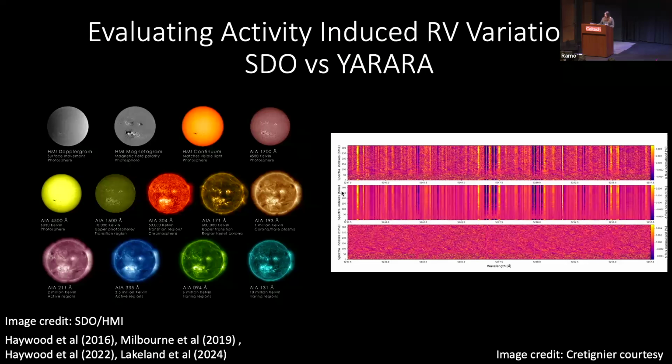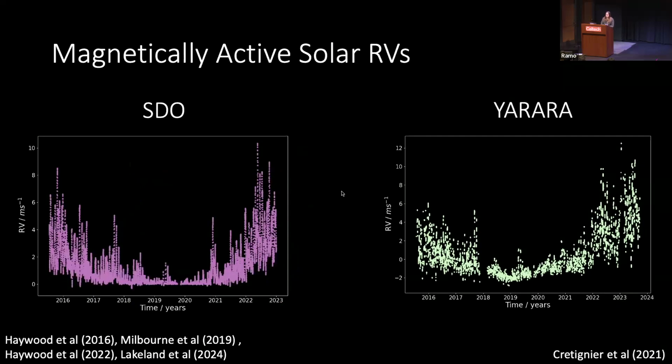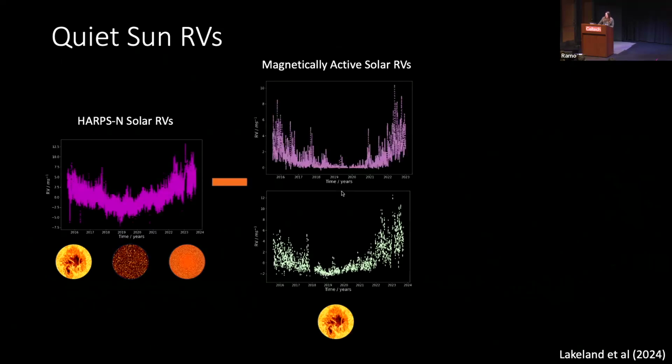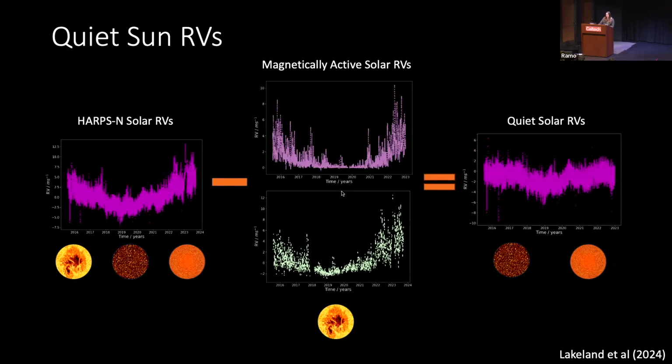Those two methods leave us with data sets that look like this. This is the magnetically active solar RVs from the HARPS-N data, which just have the activity in them. So we take our HARPS-N solar RVs, subtract those magnetically active solar RVs, and we're left with these quiet solar RVs here.